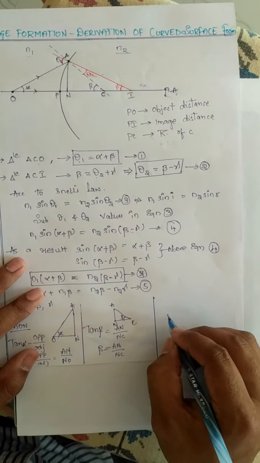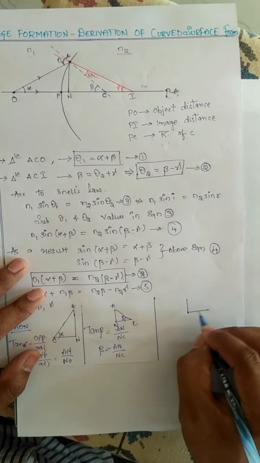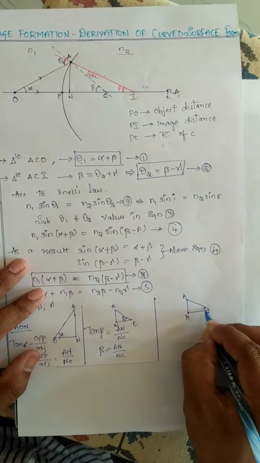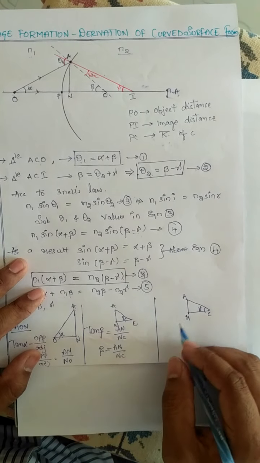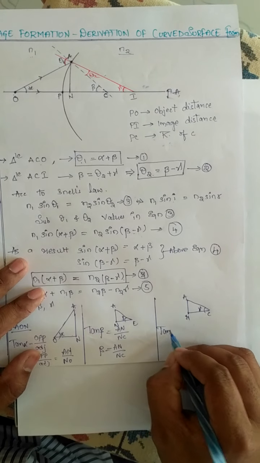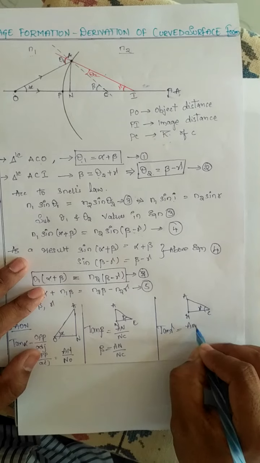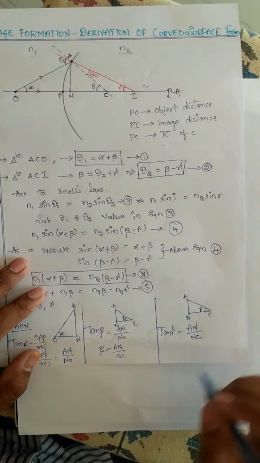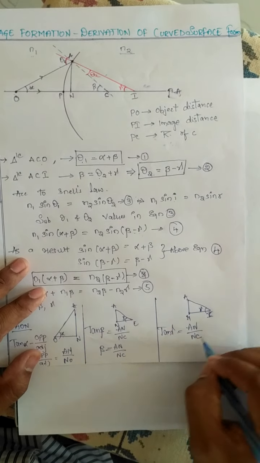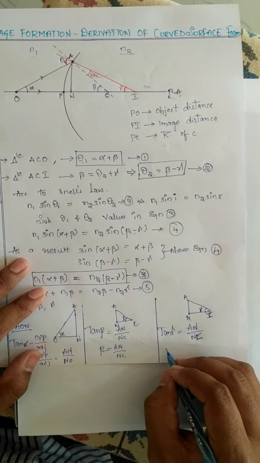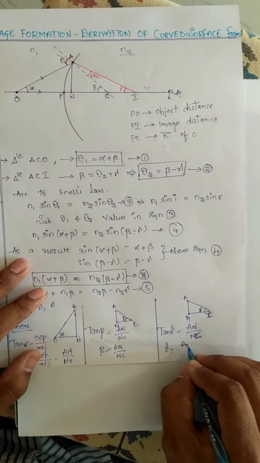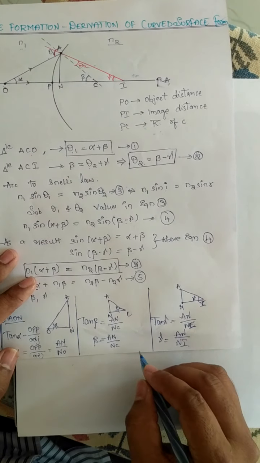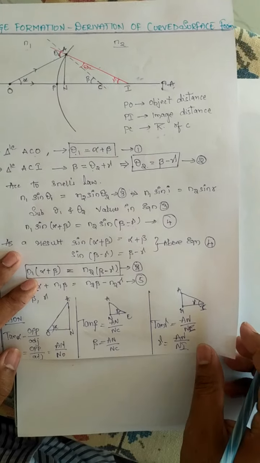And gamma, in the triangle ANI, this is angle gamma, so gamma becomes AN by NI. So we have now got alpha, beta and gamma.